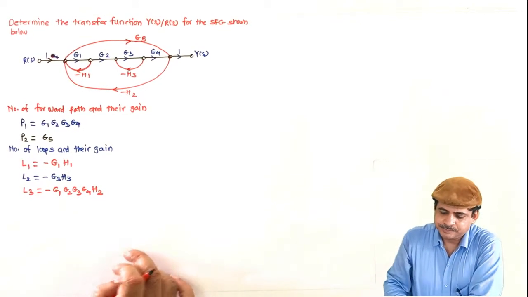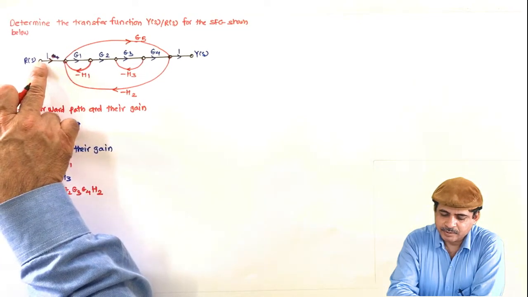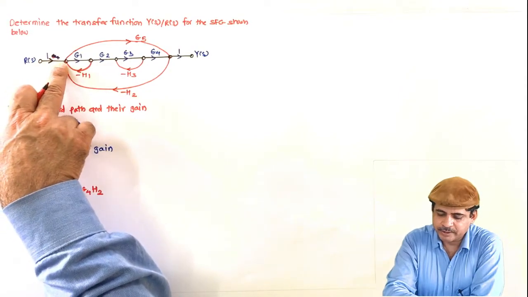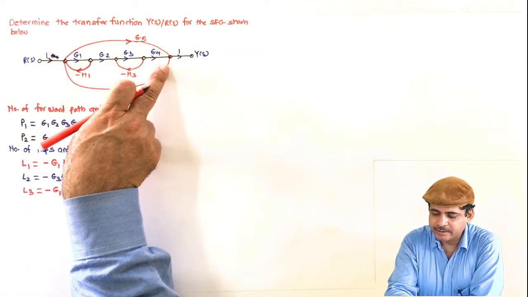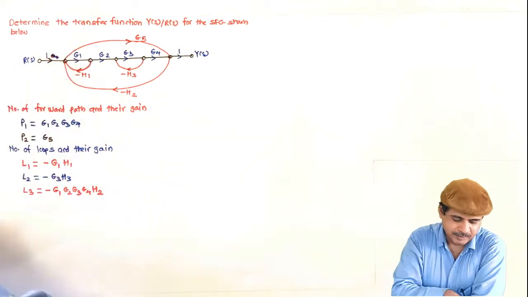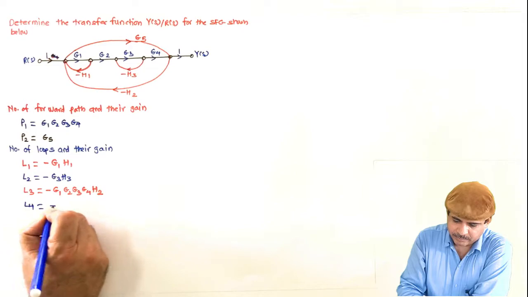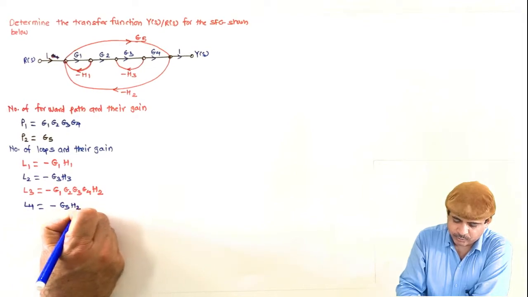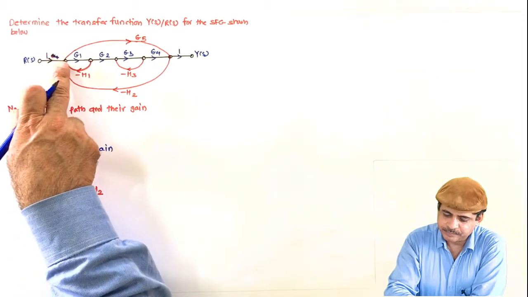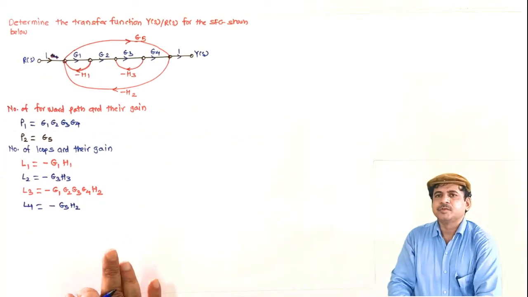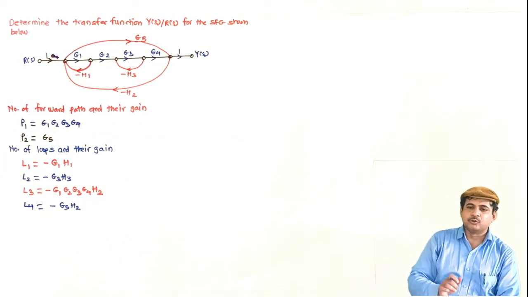Check for any other point. This point is moving here and coming back. So L4 is also there with gain minus G5 H2. Check for any other. No. So these are the four loops.